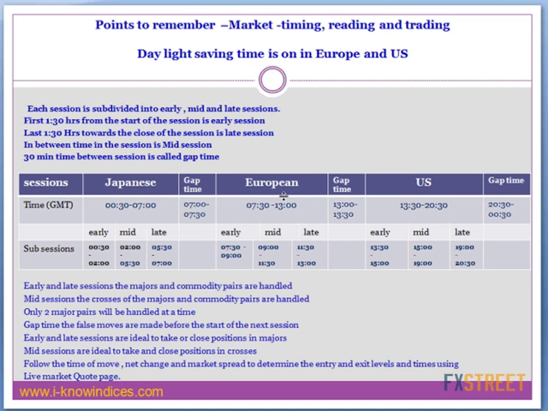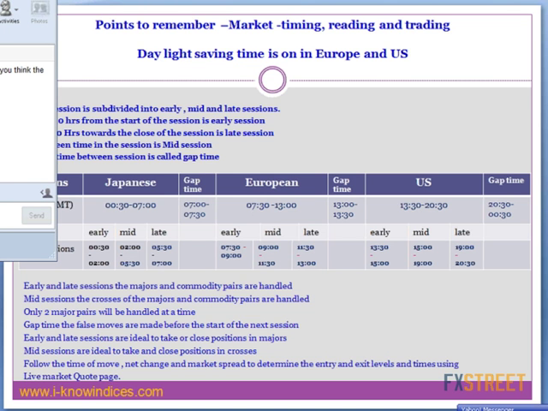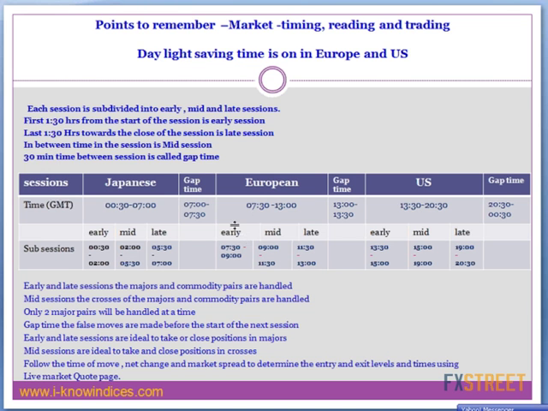The European session will start by 8 GMT, and US will still be continuing the same until November 2nd. So till 3rd of November, you will find that the US session continues to trade from 13:30 onwards. So what will happen is that the European session will be shortened by 30 minutes.